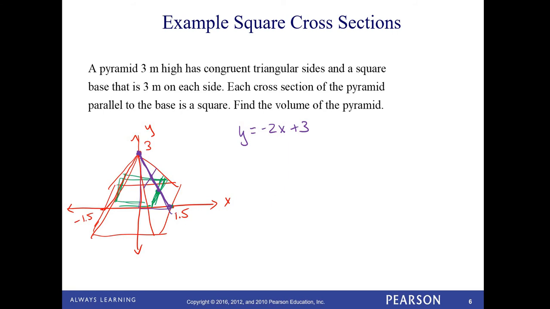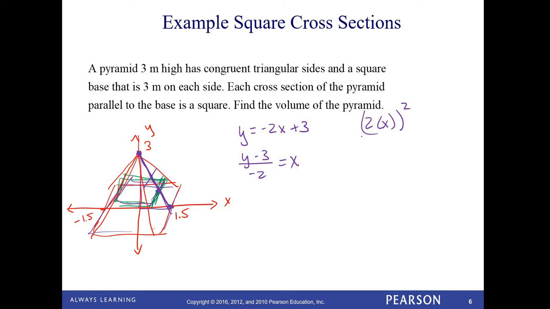So each of these points, if I use my bottom one at 1.5, the area of this base is 2 times x, and then I'm going to square that. So to find my x value on a square that is partway up my pyramid, I need to solve this equation in terms of x. So y minus 3 divided by negative 2 equals x.